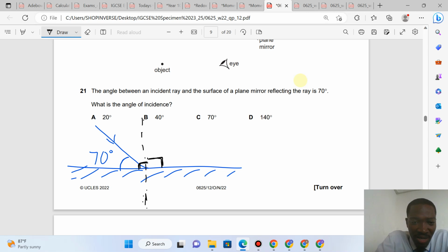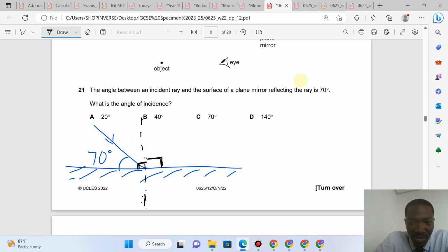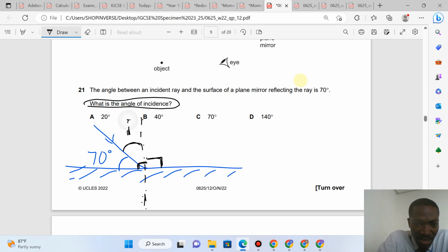So how do I get the angle here? The question says, what is the angle of incidence? The angle here is the angle of incidence, the angle between the normal and the incident ray. Do not forget that since the angle at the normal is 90 degrees, adding this 70 degrees plus this angle I should be equal to 90 degrees.